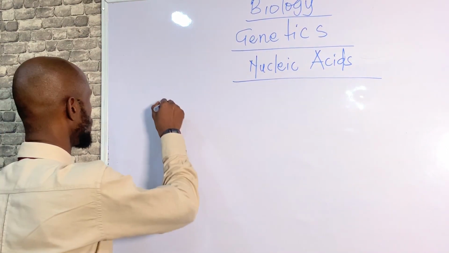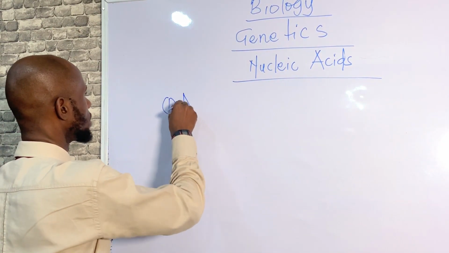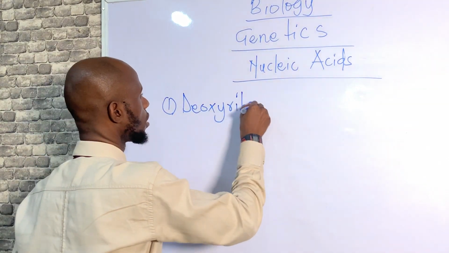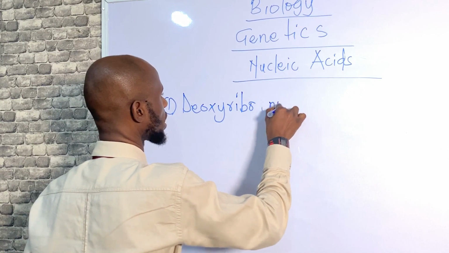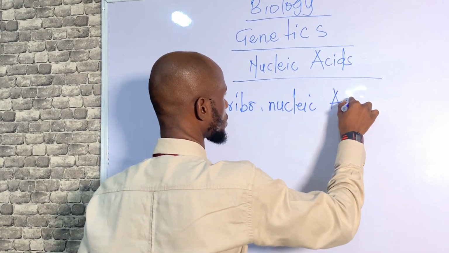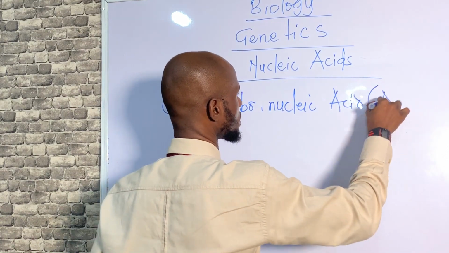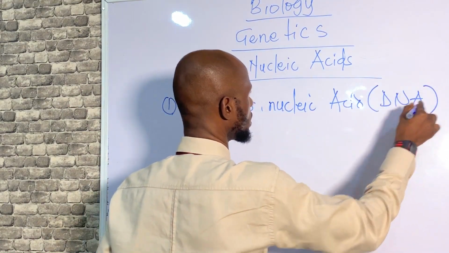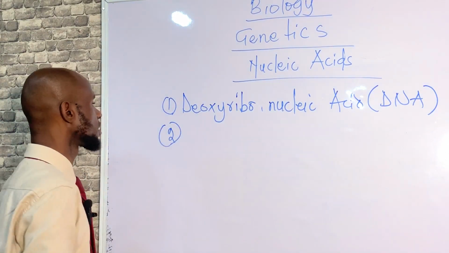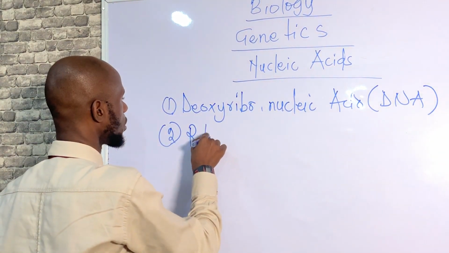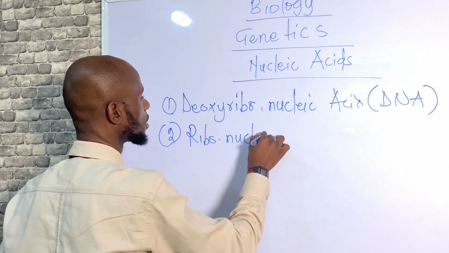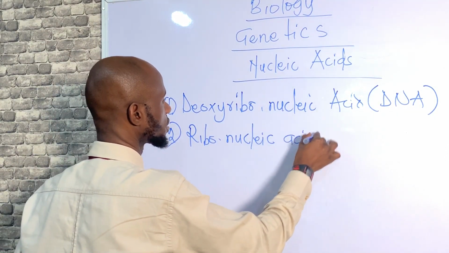So the nucleic acids are two in number. The first one is deoxyribonucleic acid, that is the DNA. And the second one is ribonucleic acid.